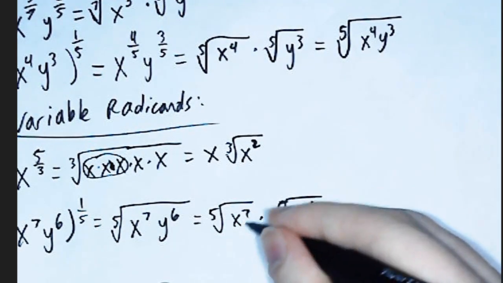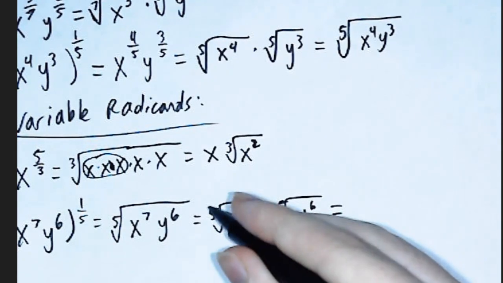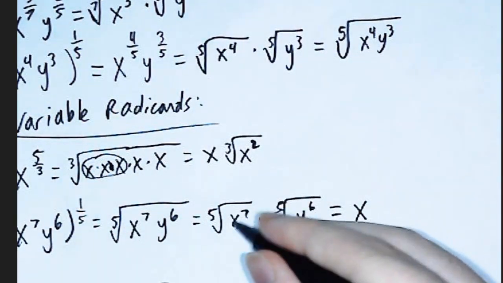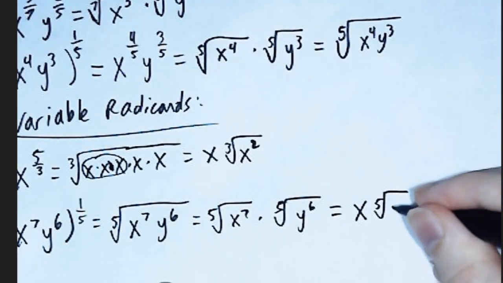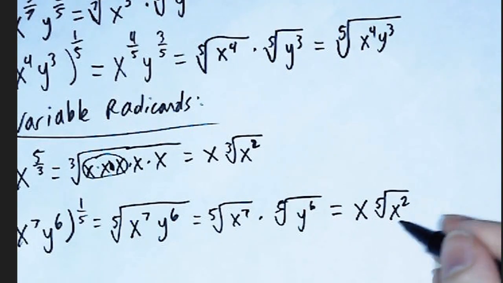Because this is 7 x's written out in multiplication, and we're looking for groups of 5, that's going to be 1 group of 5 x's. And how many are going to be left over? 2 of them. So there's 1 group of 5 and 2 left over.